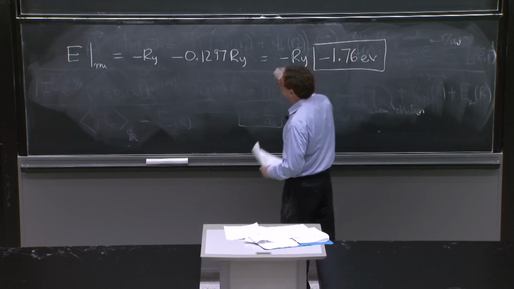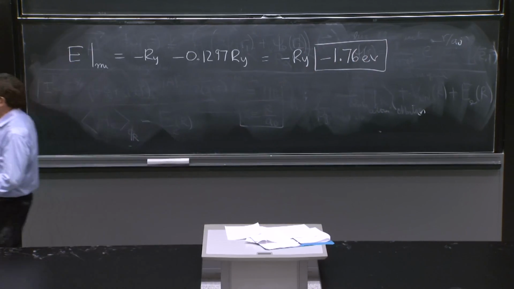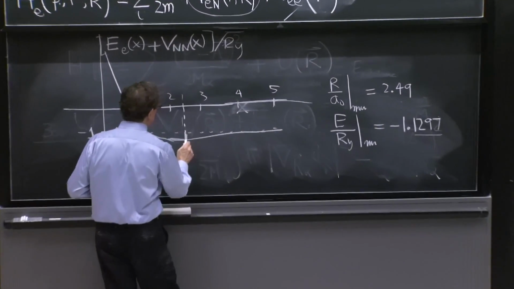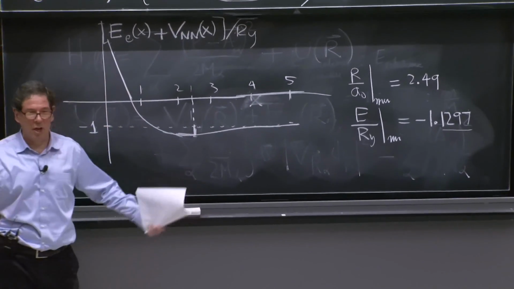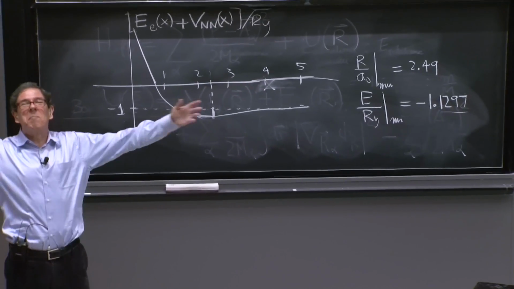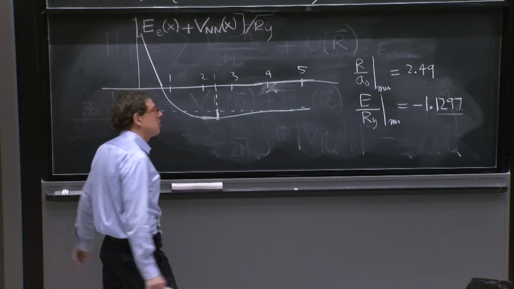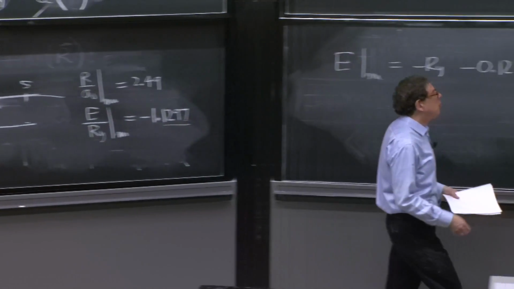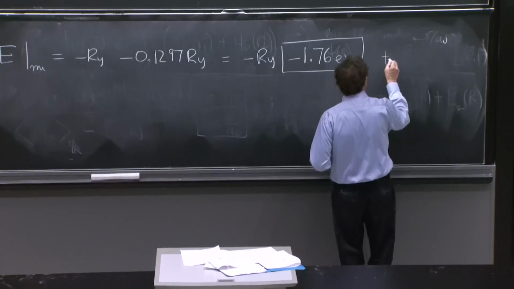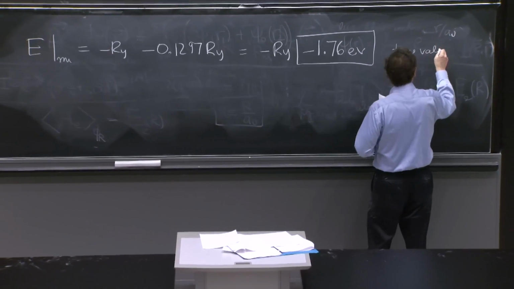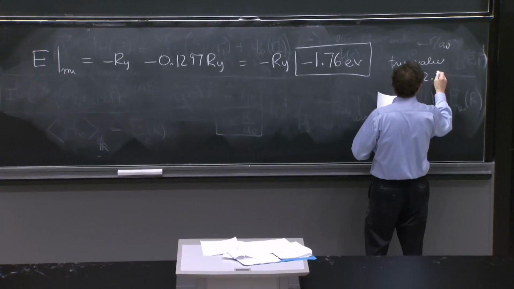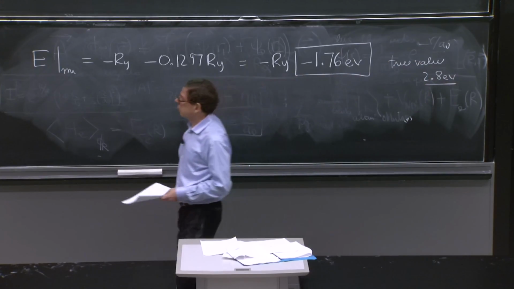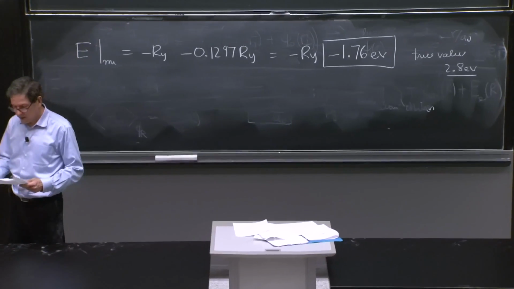So this is what you would call the bound state energy of this system, because it's the least energy you need to start to dissociate it. Not to dissociate it completely, but to start to dissociate it. 1.76. The true value is 2.8 eV. So it's not great, but sort of order of magnitude.